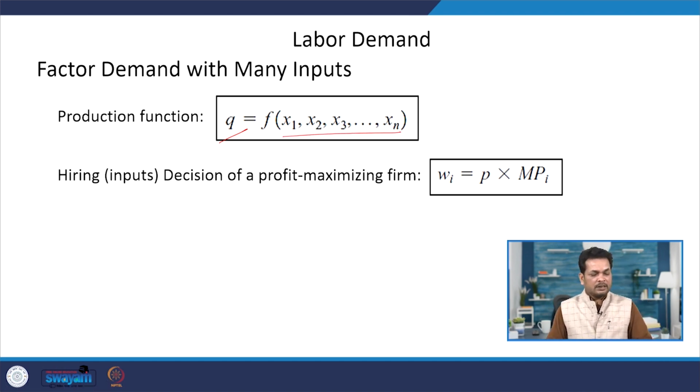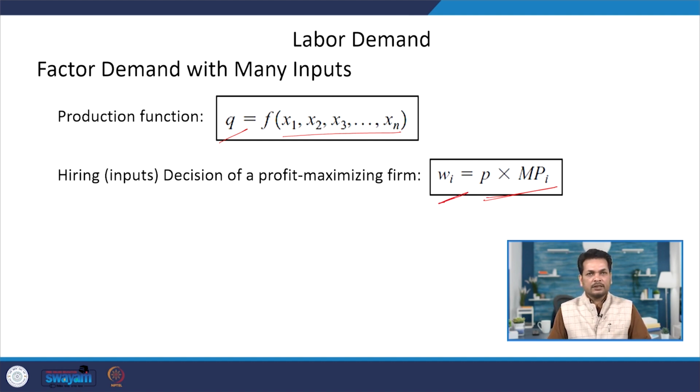Now, for the hiring decision of a profit maximizing firm, as we have already discussed, the optimal amount of any factor input will be employed in the process of production where the marginal product of that factor, or the value of marginal product of that factor, equals the price of that factor input.